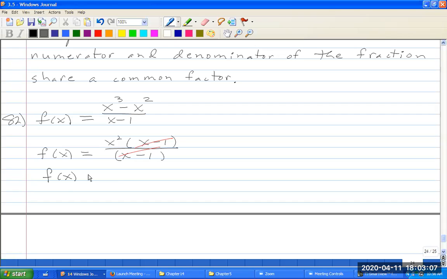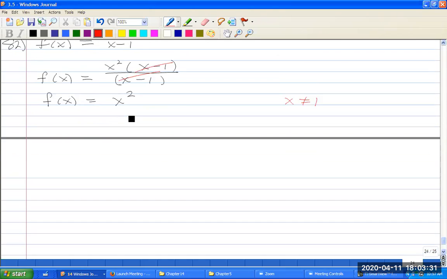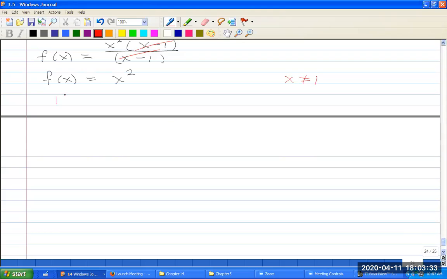So this is equal to x squared if x is not equal to 1. So these are equal to each other when x is not equal to 1, but when x is equal to 1, obviously 1 squared is 1, whereas this is not defined at 1. So there's actually a hole when x equals 1.